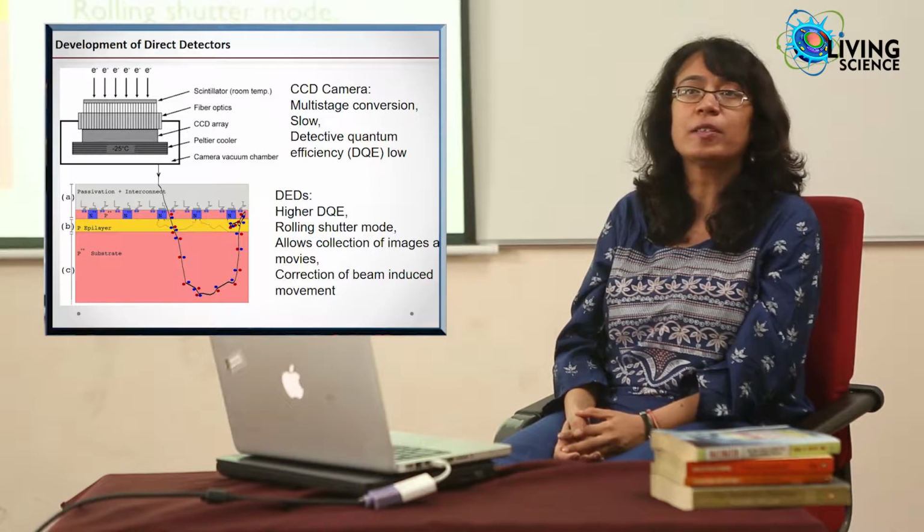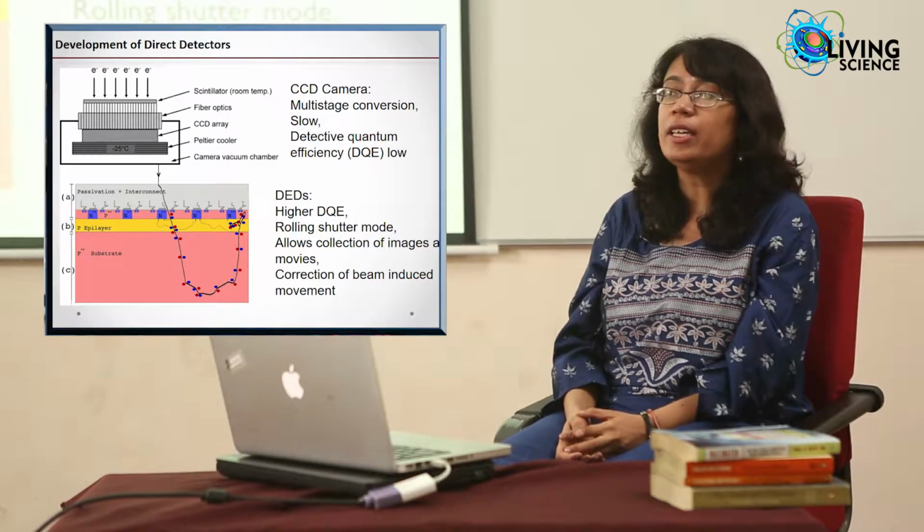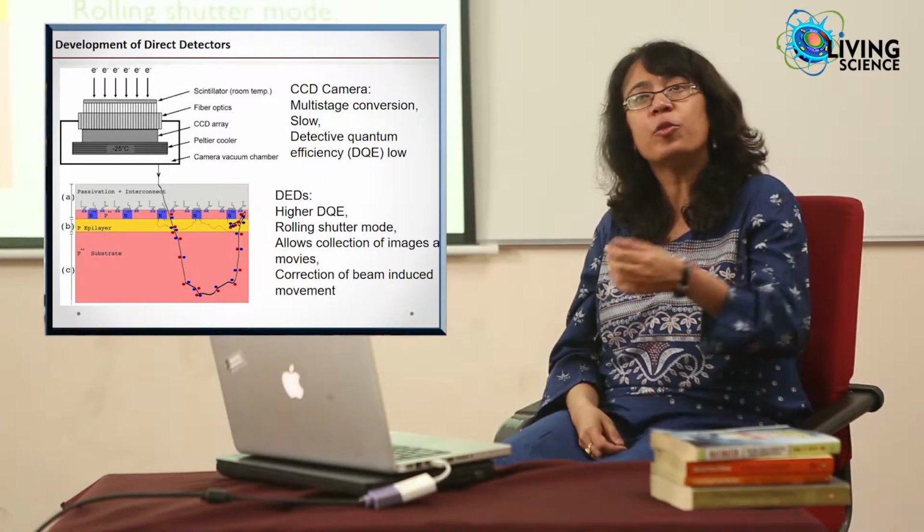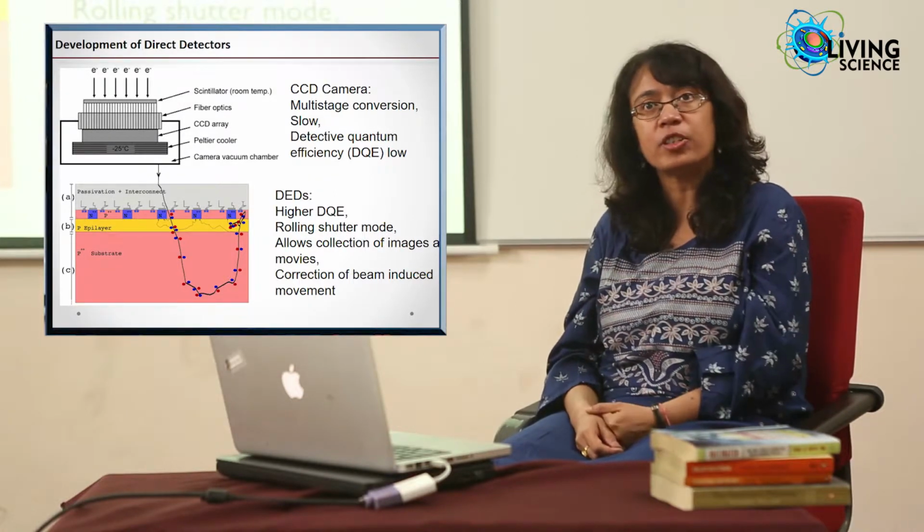The other important aspect is that the images are collected in movie mode. Now, this is important to understand because when electron beams hit a particular area in the grid, there is some movement. The movement could be in the nanometer range, but the movement causes blurriness in the image.